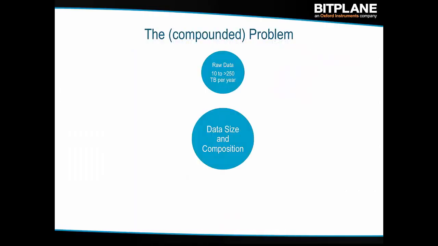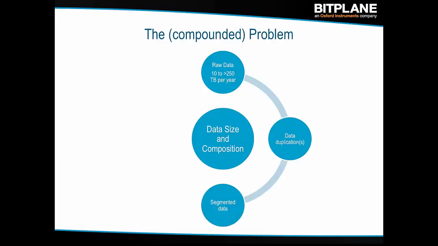Now, if you start to compound this, you have the raw data, which is, as we saw, 10 for a single small site to 250 terabytes. We have data duplication because often you edit the data and keep multiple copies of the raw data that you had. You also do some segmentation, so filaments or tracks or all of these things add up to the number of megabytes and gigabytes and so on.